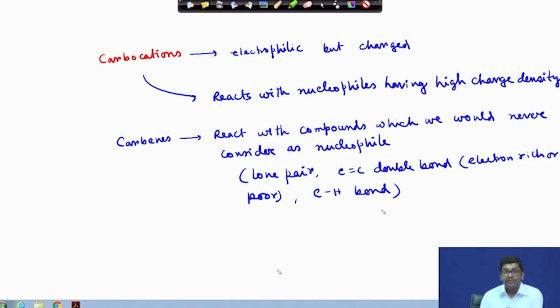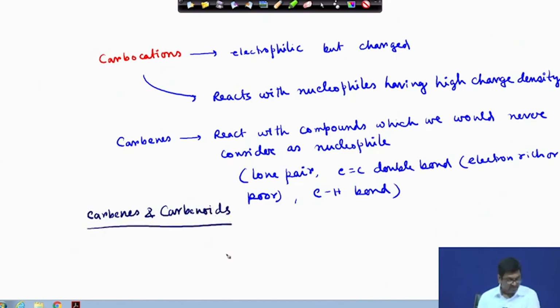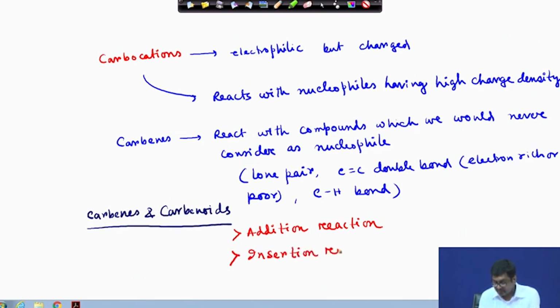Now, what types of reactions can they give? In general, for carbenes and carbenoids, we will consider both here. First, we will discuss addition reactions. Number two is insertion reactions. Number three is rearrangement reactions.